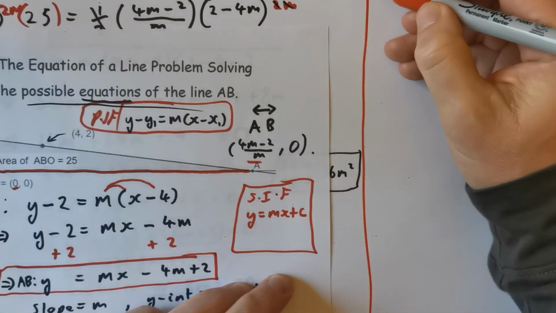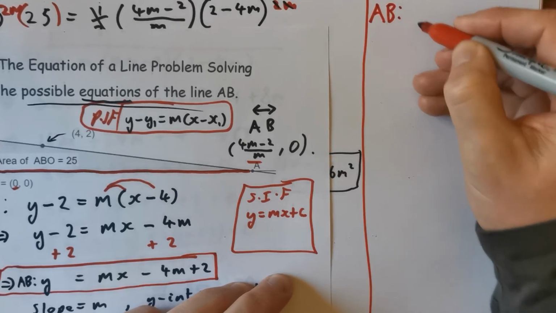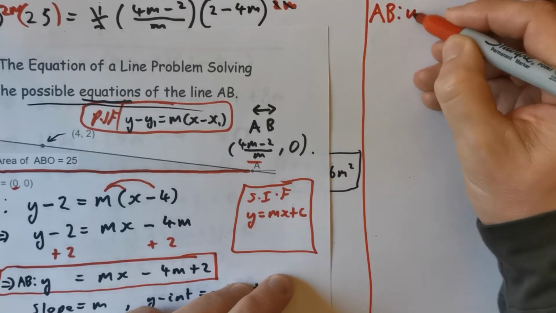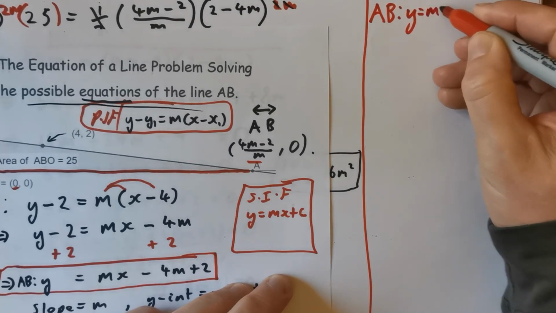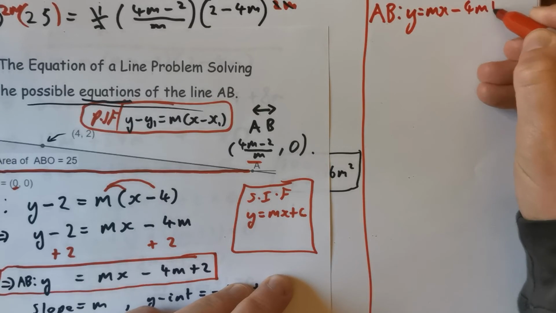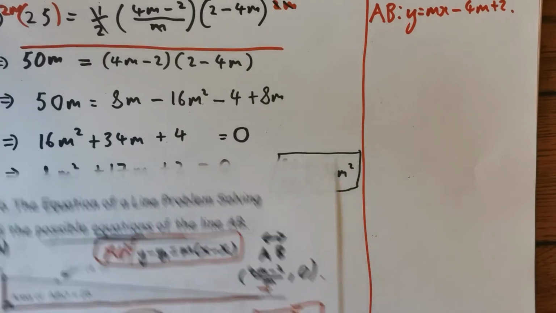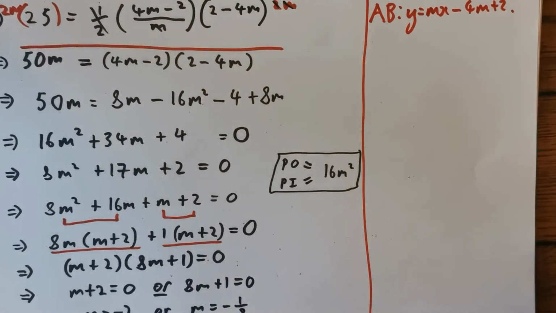So we know that AB has the equation y equals mx minus 4m plus 2. I'm just going to substitute in my two possible values for m.